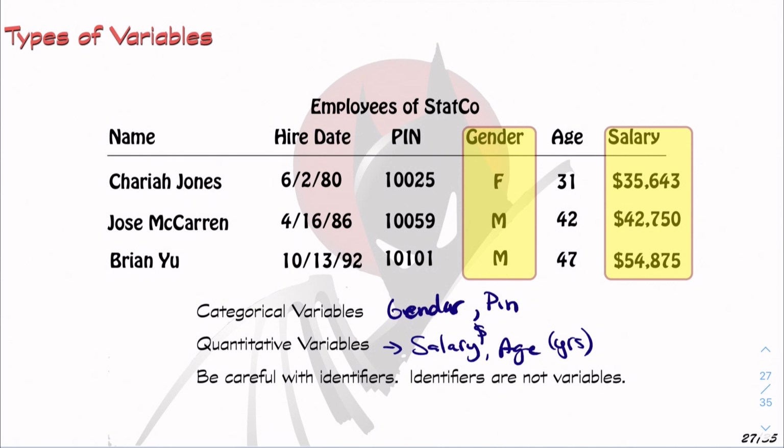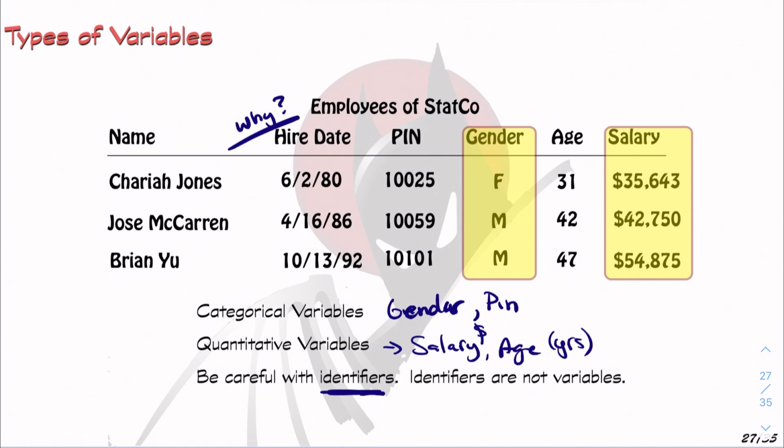You could look at it in the year, but it depends on what we are measuring and why we are including this. So sometimes this could just be a way of sorting when people came in, and then other demographic information. So be careful with identifiers. Identifiers are not variables. So this idea of PIN, it could be a category.